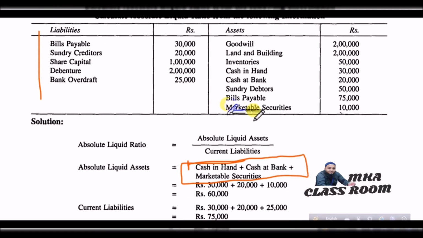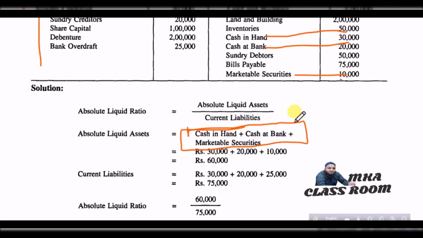Among the current assets, cash in hand 30,000, cash at bank 20,000, and marketable securities 10,000 are treated as the most liquid assets or absolute liquid assets.